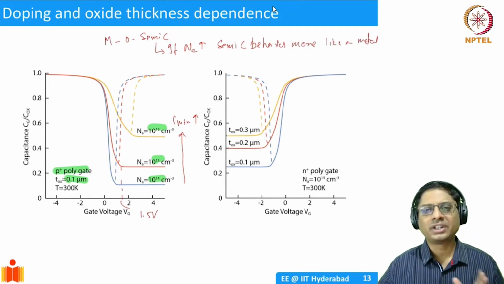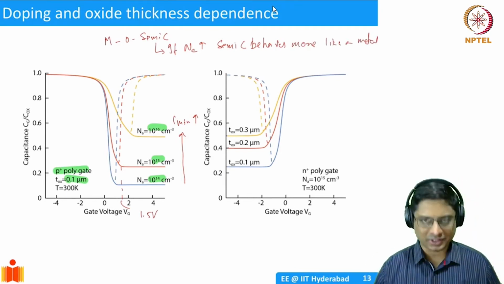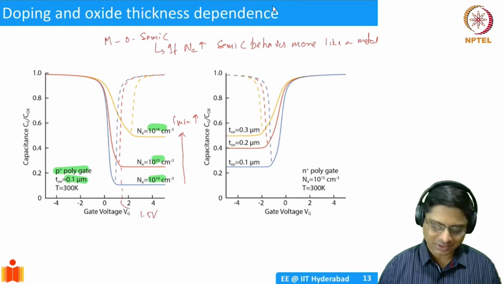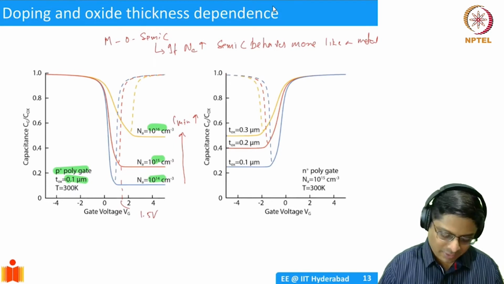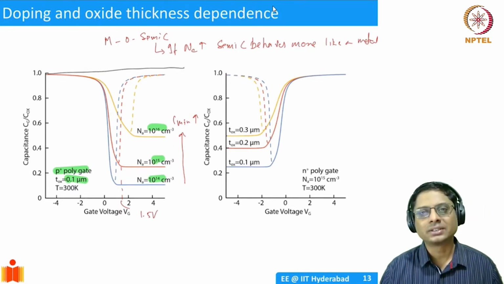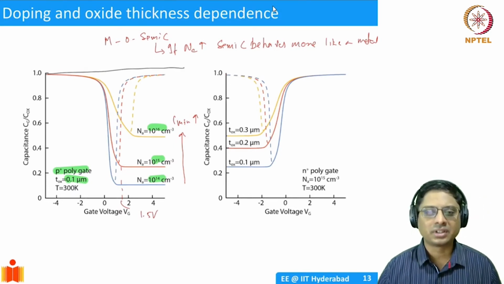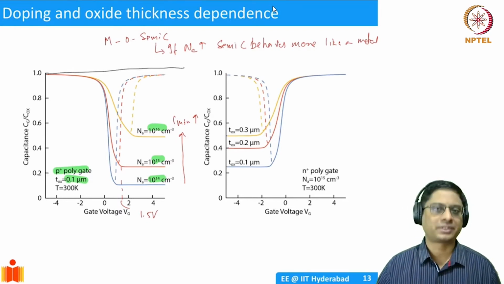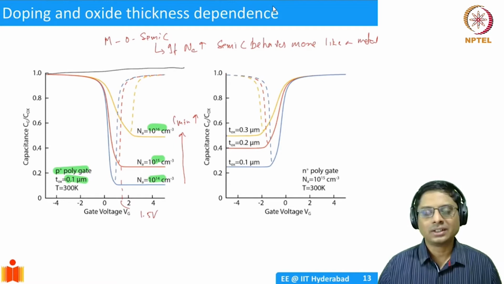So effectively, you're kind of approaching the parallel plate capacitor sort of a structure. How does the CV of a parallel plate capacitor look like? Well, it will be flat, constant, right? It doesn't change. It's a fixed number. So as you increase the doping concentration, you are approaching the parallel plate capacitor. Okay, that is one aspect.